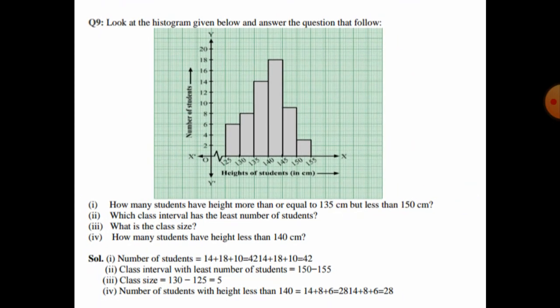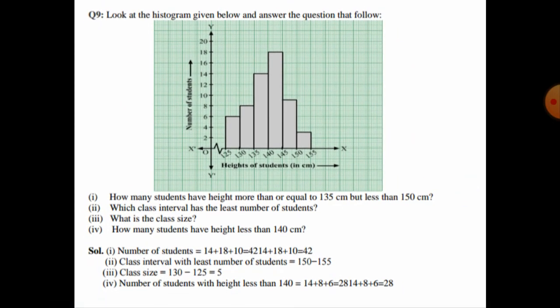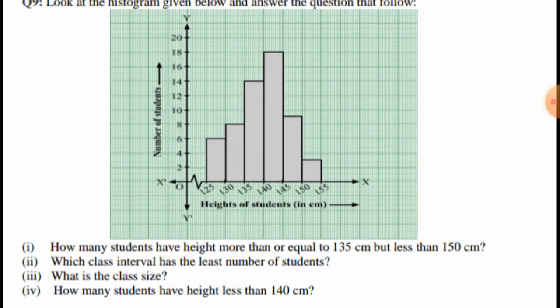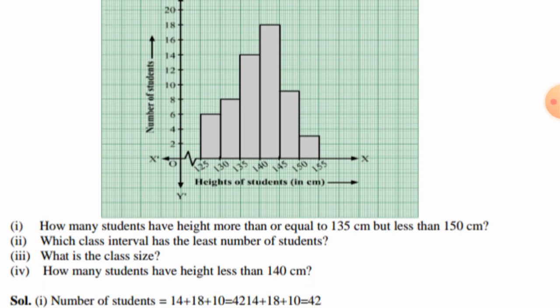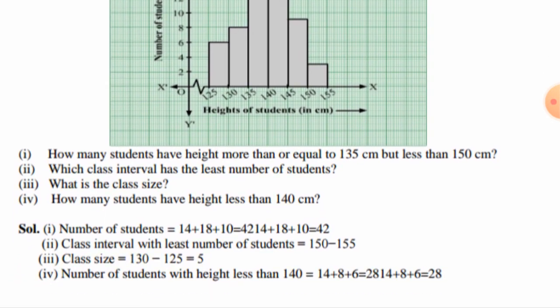Now from this histogram we have to tell the number of students with height more than 135 but less than 150. So the number of students between 135 and 150. By solving, the number of students will be 14 plus 18 plus 10.